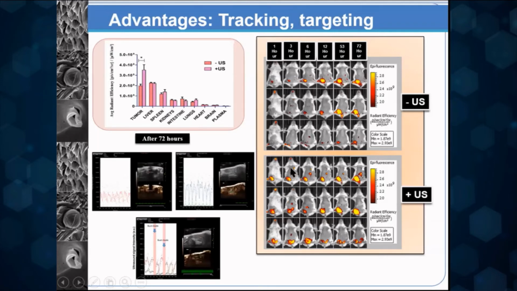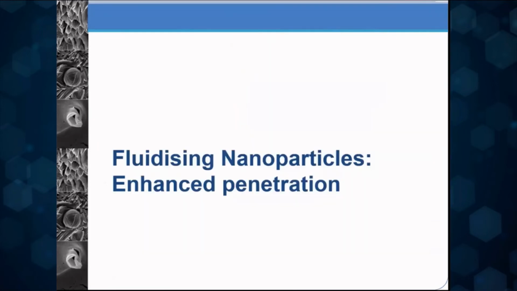And because it is also an imaging modality, you get the advantage of tracking the carrier and focusing it as needed. And this can give you this kind of an on-demand release concept. This kind of strategy is applicable for ultrasound, it's applicable for light, as well as for magnetic fields. So this is the concept of both external trigger and theranostics.